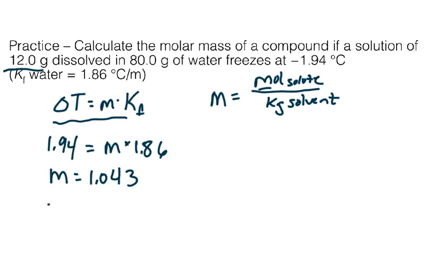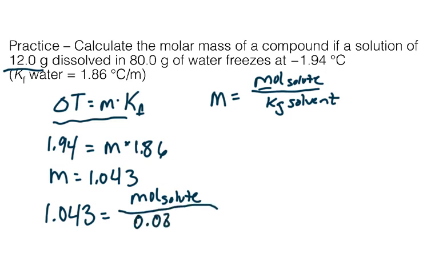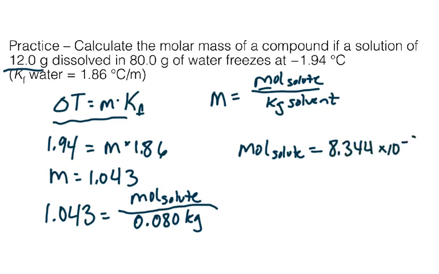And then again, now my 1.043 is equal to my moles of solute divided by 80 grams, which is 0.080 kilograms of water. And so my moles of solute is 8.344 times 10 to the minus 2.